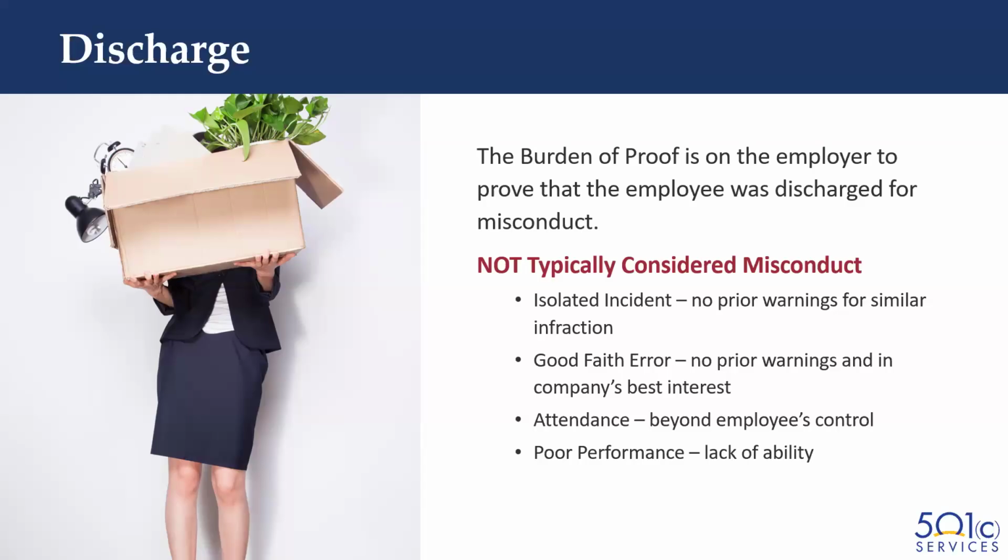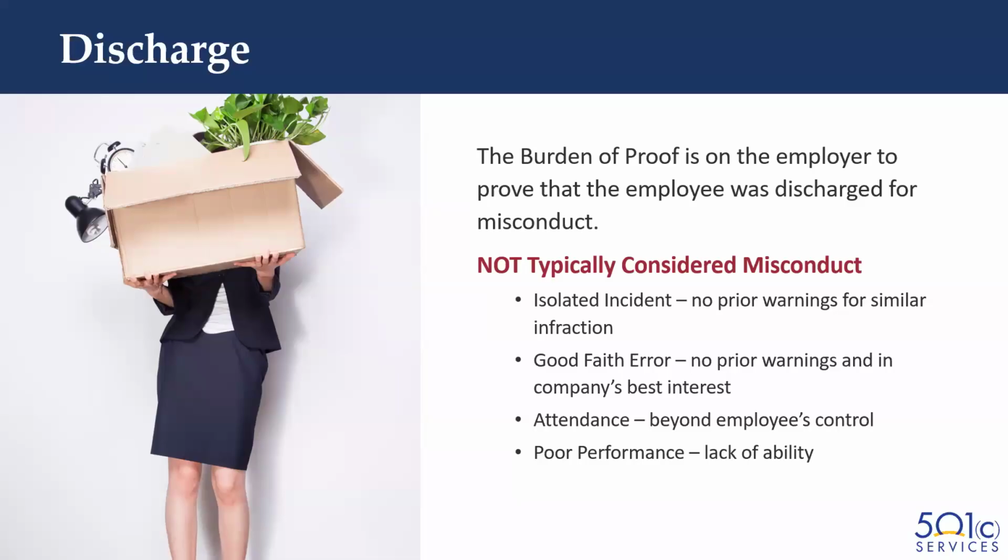Now, the state defines misconduct as a deliberate and willful disregard of an employer's interests or repeated violations of a known company policy. So keep in mind, it is very possible for an employee to be discharged for what you would consider cause and it not meet the state's definition of misconduct.